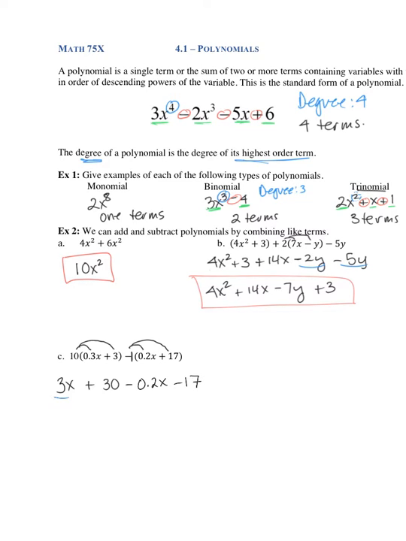So we'll do my x's first. I just think money, $3 of x's minus 0.2, so minus 20 cents. That would be $2.80, 2.8x. And then 30 minus 17 is 13. So we've got 2.8x plus 13.